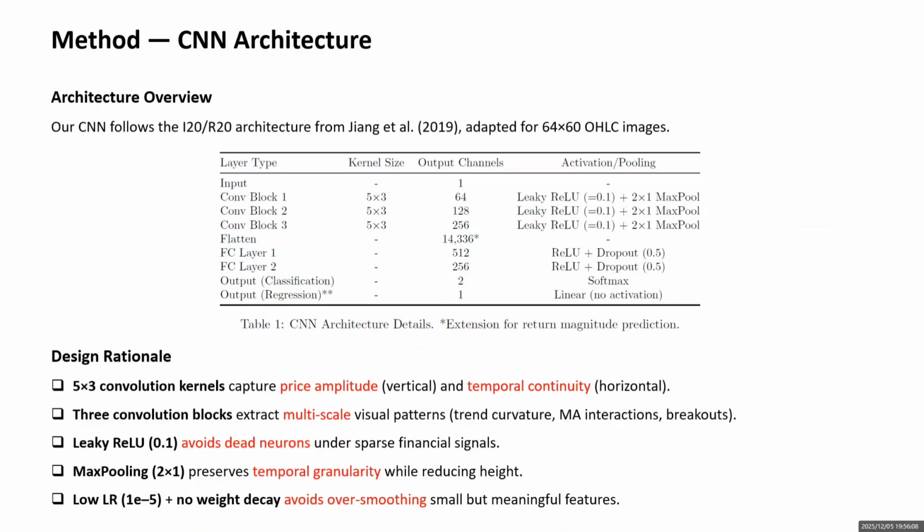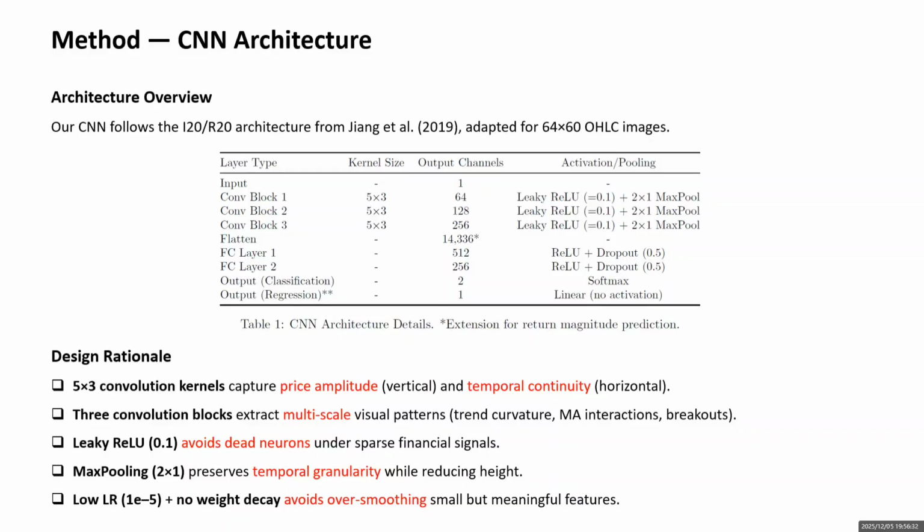Our model follows the I20 and R20 architecture from Zhang's paper, where I stands for image or input, and R stands for return and regression. It is adapted for 64 times 60 OHLC images. The network uses 3 convolution blocks with 5 times 3 kernels to capture price amplitude vertically and temporal patterns horizontally.